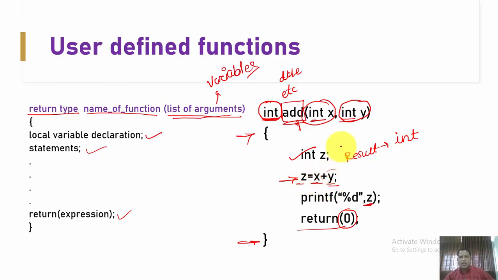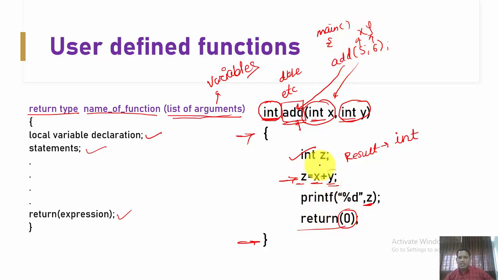Because when I call this add function from any function, suppose I'm going to assign a value to it. Somewhere in, suppose, the main function I'm writing add in brackets 5 comma 6. So what will happen here? This add and this name get matched, so the value 5 gets assigned to variable x, and the value 6 gets assigned to variable y.